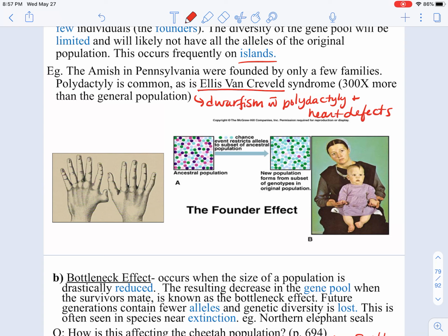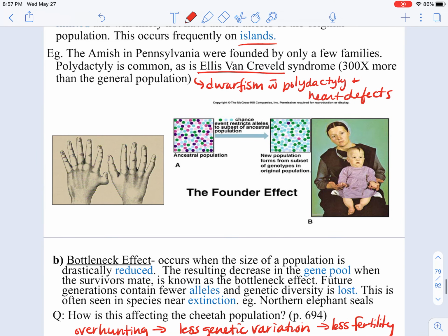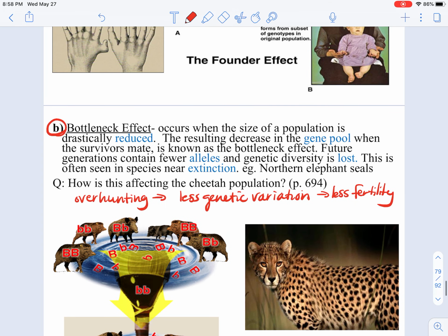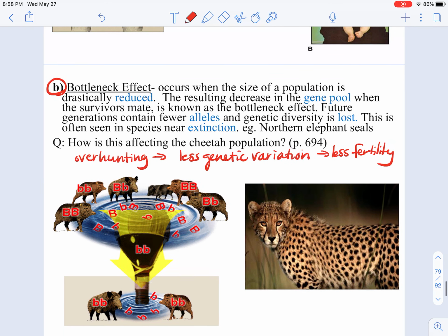Ellis-van Creveld is a dwarfism with polydactyly, many fingers and toes, and can be associated with heart defects as well. The second kind of genetic drift is the bottleneck effect, and that is when the gene pool is drastically reduced because of a chance event that causes the population to shrink in numbers.